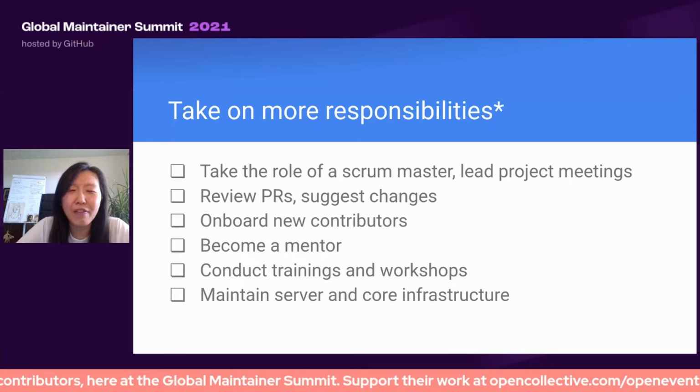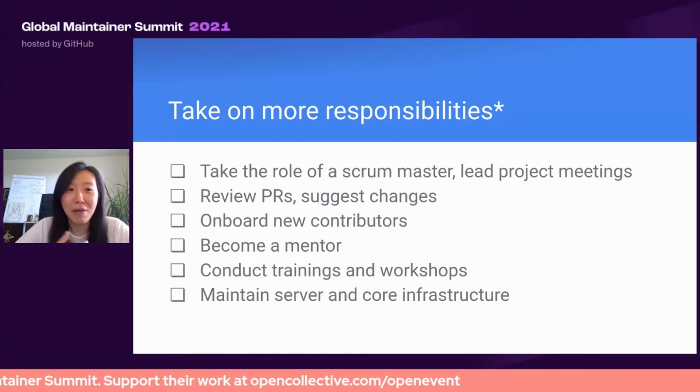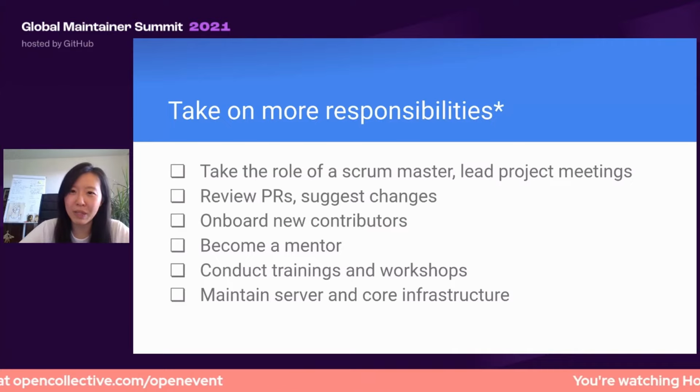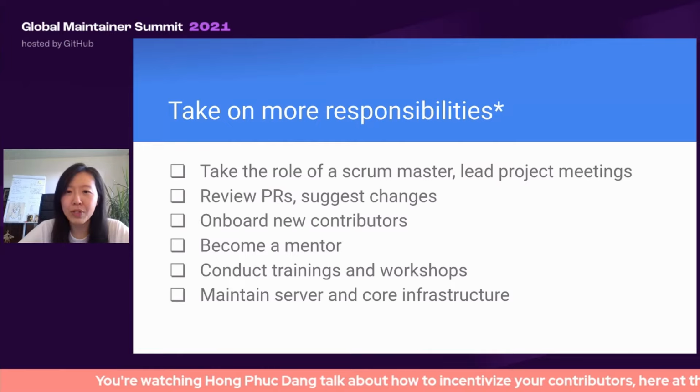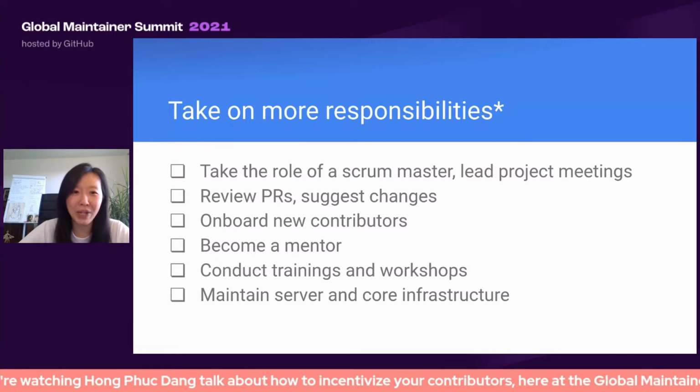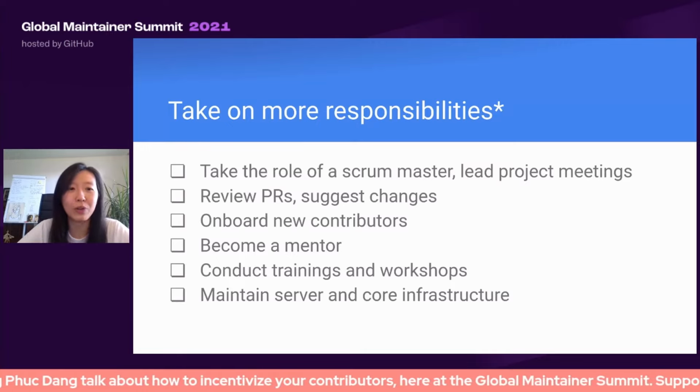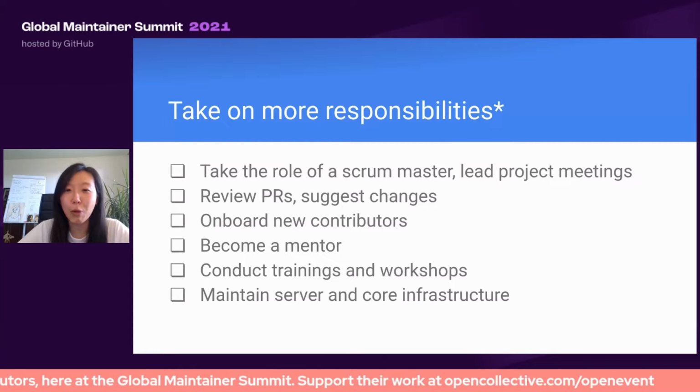Another thing that I find super powerful is to empower people, to give people more responsibilities. When people get more responsibilities, they become more engaged and more attached to the project. Some other responsibilities besides maintainer or mentor that we also introduce to our contributors are encouraging them to take the role of a Scrum Master.